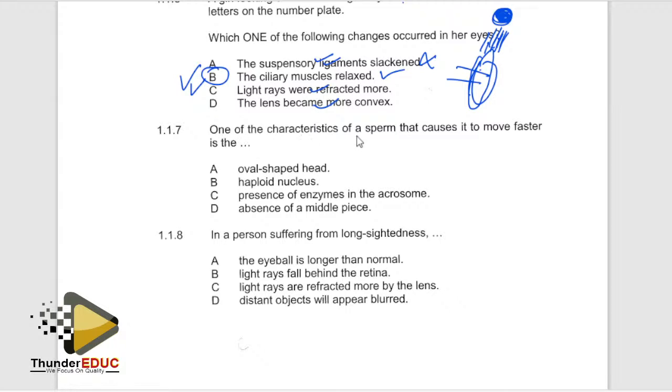Which one of the following characteristics of sperm makes it move faster? This is also something we discussed yesterday. Now look here: haploid nucleus, how is that related to movement? Presence of enzyme in acrosome, how is that related to movement? Absence of the middle piece.